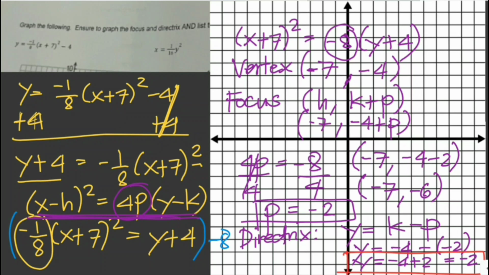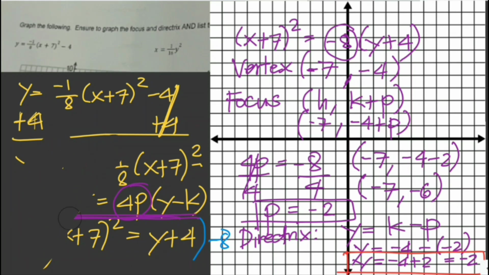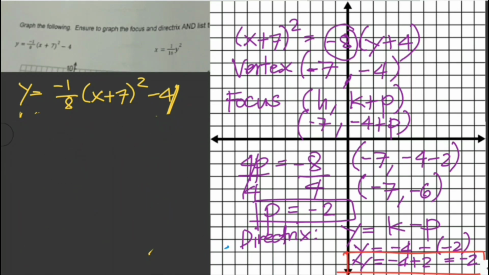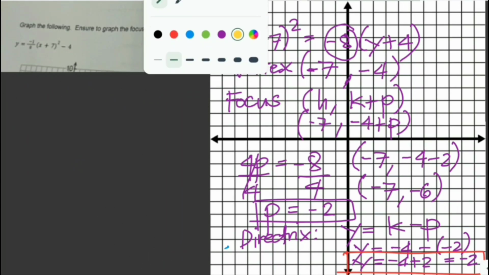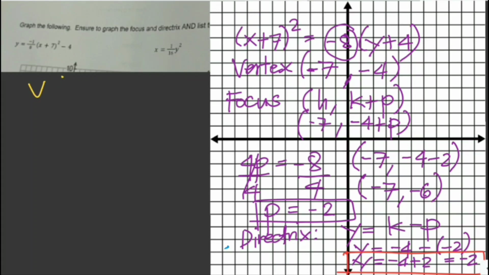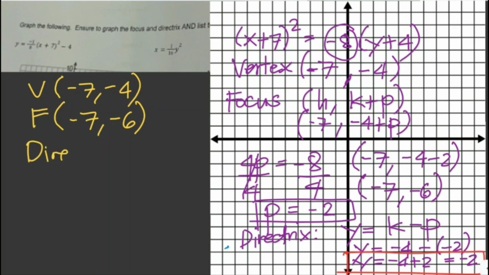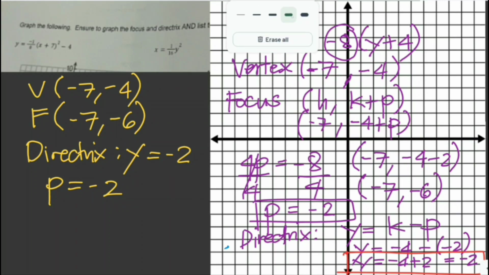Okay. So our vertex is negative 7, negative 4. Our focus is negative 7, negative 6. And our directrix, y equals negative 2. And our p is equal to negative 2. And now we can graph this equation.